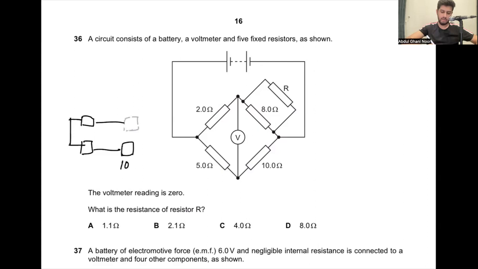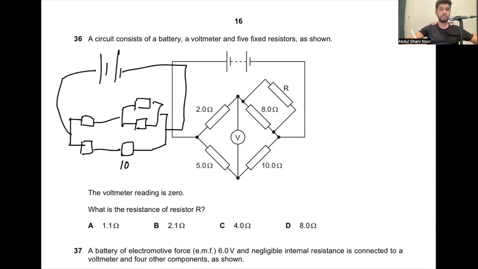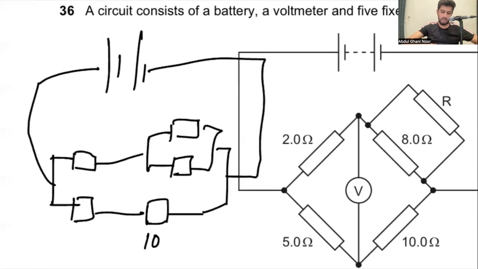In fact, here we go, R, 8, and then this is connected to my battery. So if I were to label this 2, 5, 8, R, and this is where the voltmeter is, and the voltmeter reading is 0.